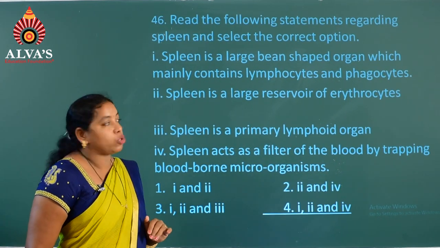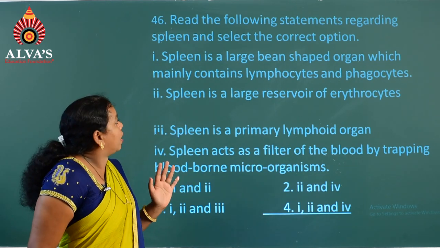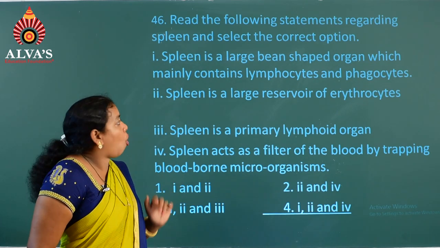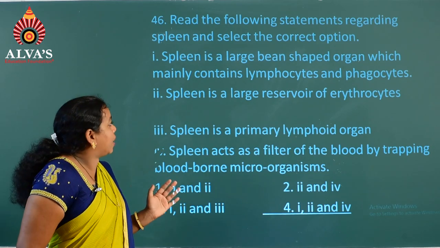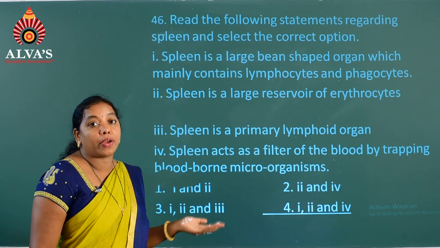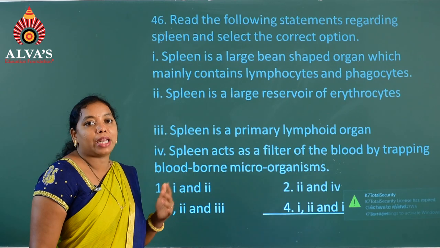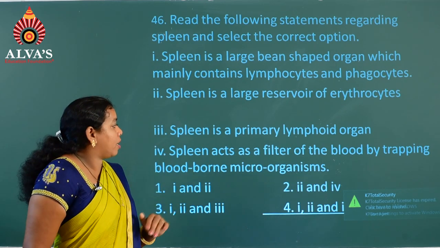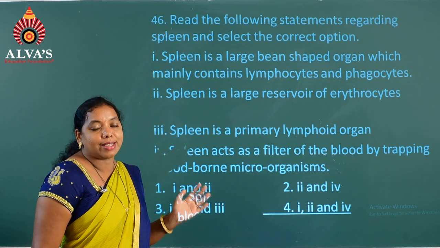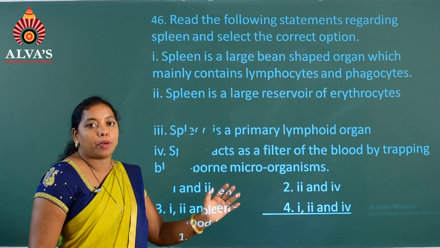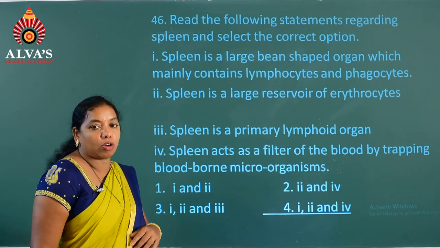The next question, question number 46. Read the following statements regarding the spleen and select the correct option. First, the spleen is a large bean-shaped organ which mainly contains lymphocytes and phagocytes. Second, the spleen is a large reservoir of erythrocytes, that is RBCs. Third, the spleen is a primary lymphoid organ. And fourth, the spleen acts as a filter of blood-borne antigens, in the sense that it filters the blood by trapping blood-borne microorganisms.